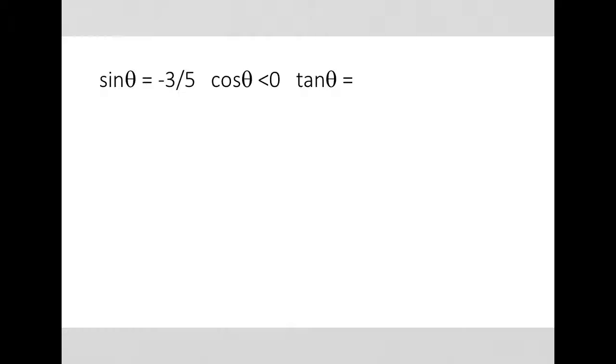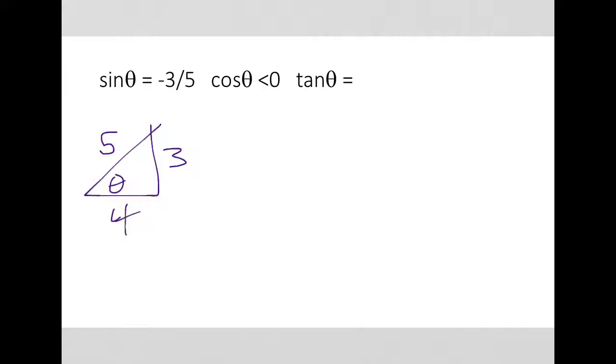Sine of theta is negative 3/5. We're going to do the same thing. I'm going to ignore the negativity and say that sine is 3/5. Sine is opposite 3 over hypotenuse 5. So what's this third length? Well, it's 4. Again, it's a Pythagorean triple. This is a 3, 4, 5 triangle.